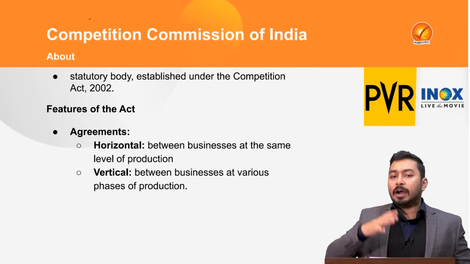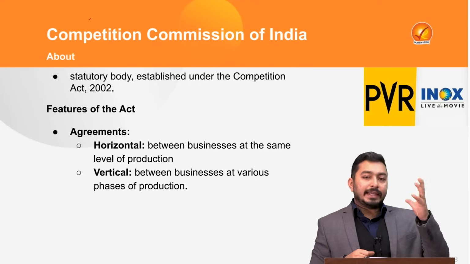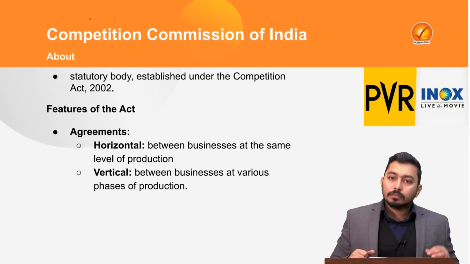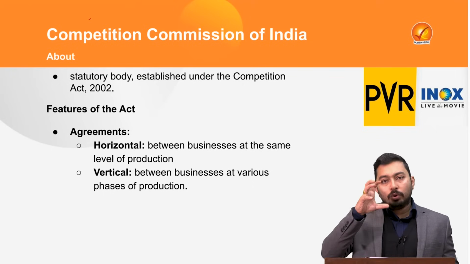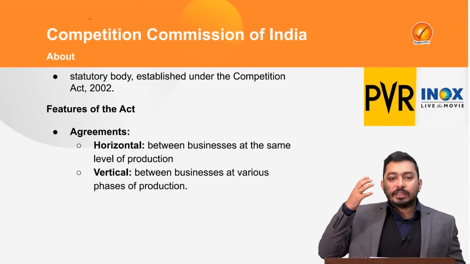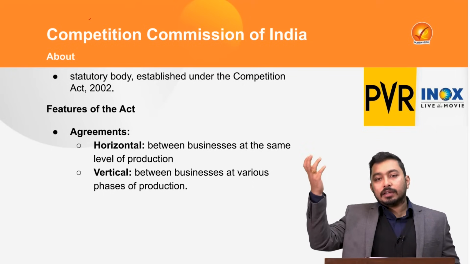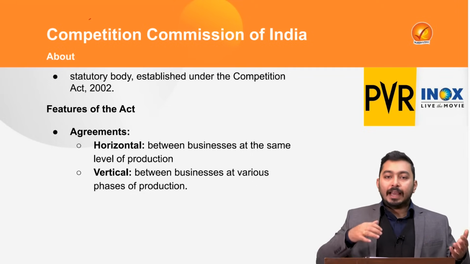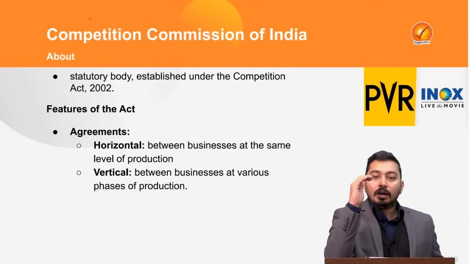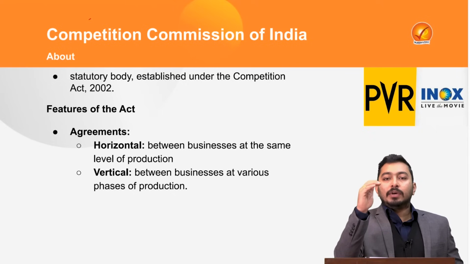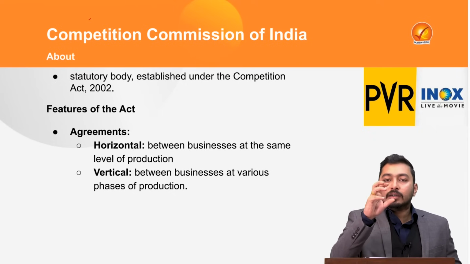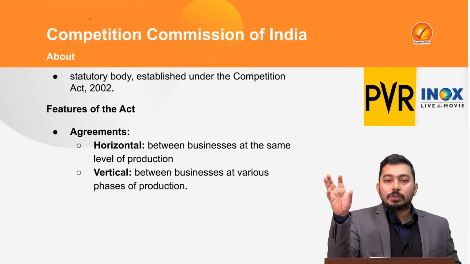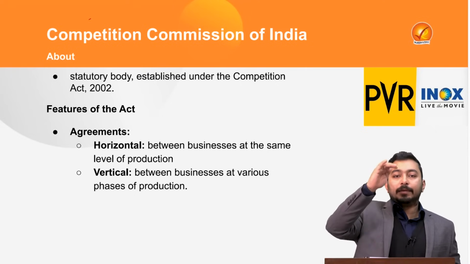On the other hand, I am Inox and I want to sell some food, and I am tying up with KFC, with Burger King, with Domino's. So I am a ticket seller, I am a theater. A theater is tying up with whom? With a food company. So this is a vertical agreement.